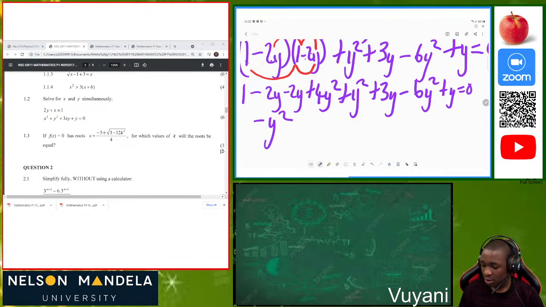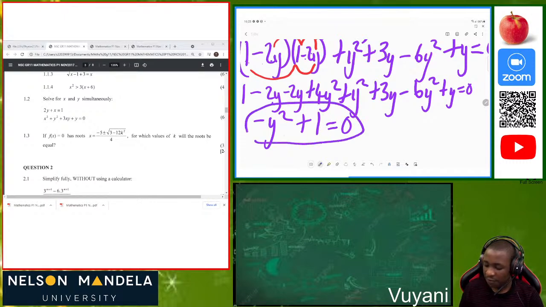Now, negative 2y minus 2y, it's negative 4y. Then negative 4y plus 3y, that will be negative y. Then negative y plus y, that will be 0. Then we are only left with that positive 1 equal to 0.